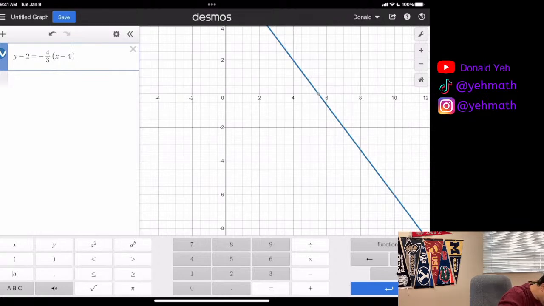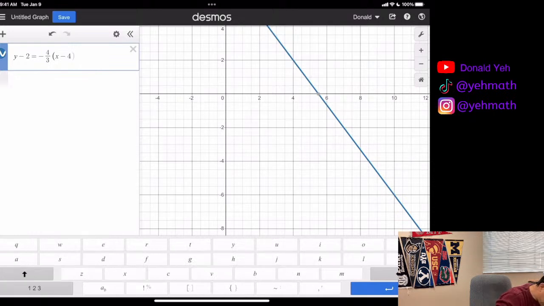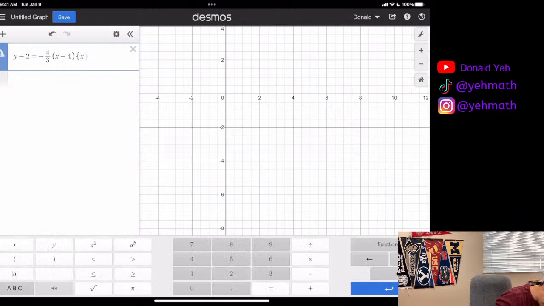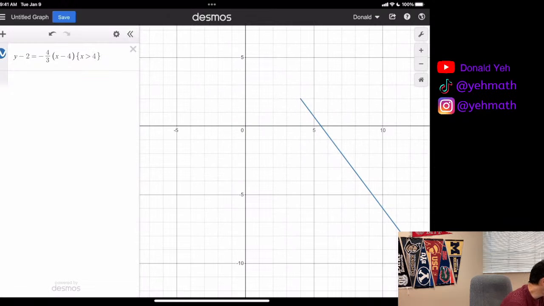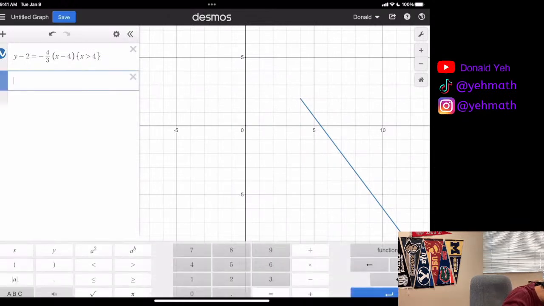You have to do something called a brace. Here, look at this, brace. x is greater than 4. And that's it. Do you see that? The graph only graphs x greater than 4. Okay, next one.